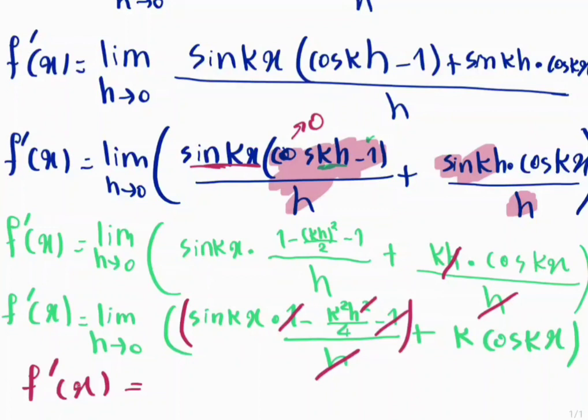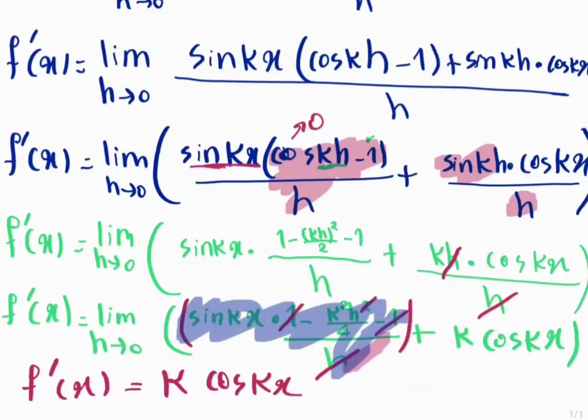Now we just need to write down f dash x is equal to k cos kx, because this whole thing that I'm now highlighting is just 0. So here is 0, and then this bit is what we want. And that's it for this question.